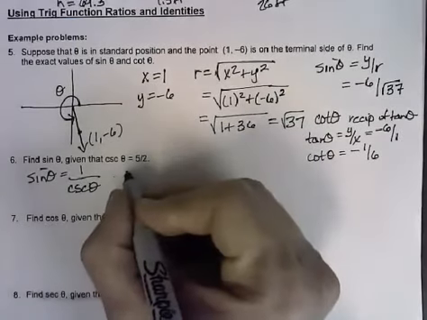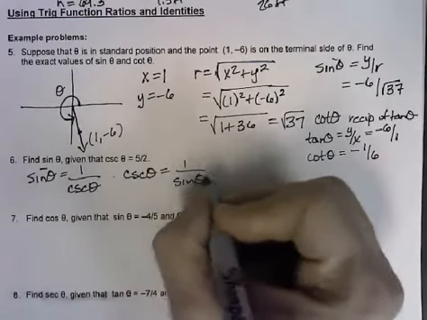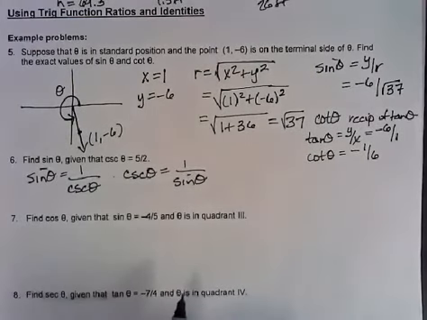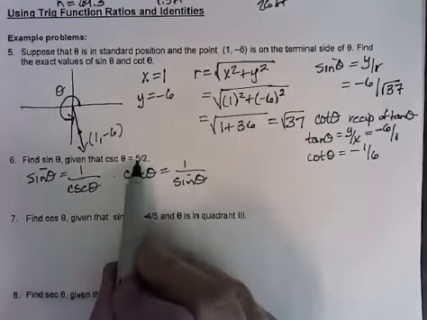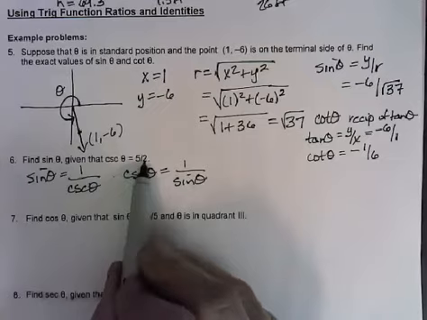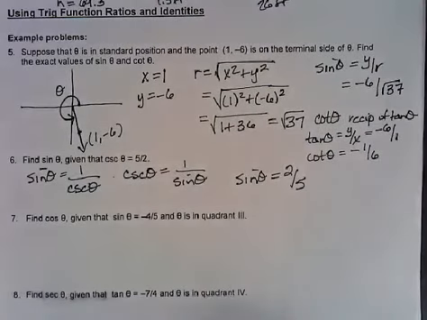Or you could think of it that cosecant is 1 over sine. Either way, these two are reciprocals of each other, so if you have one of them, to get the other one, you just flip the value over. So to get sine from this, we're going to just take this fraction and flip it over. That gives us sine of theta equals 2/5. And that's all we have to do for that one.